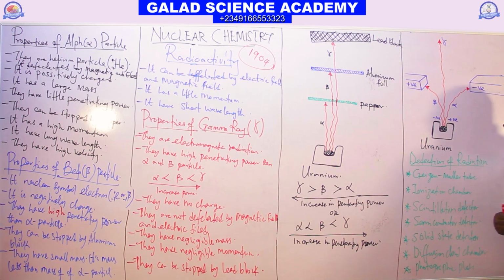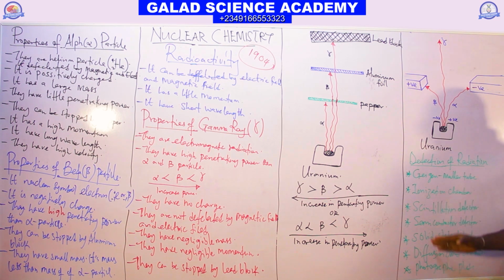So these are the devices that we can use to detect the presence of radioactive radiation: the Geiger-Muller tube, ionization chamber, scintillation detector, semiconductor detector, solid state detector, diffusion cloud chamber, and photographic plates.